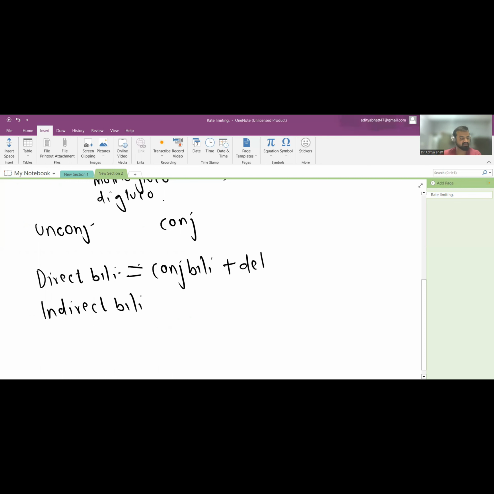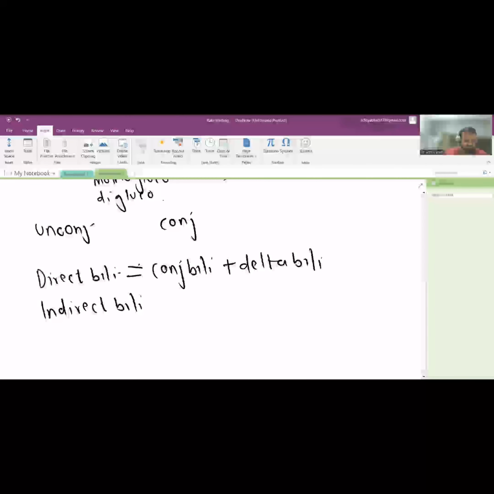Some amount of unconjugated bilirubin is also included in that, because there are some technical issues. But the main two components of direct bilirubin are conjugated and delta bilirubin. So you always have to understand that the value of direct bilirubin is always higher than conjugated bilirubin. That is the first takeaway lesson here.